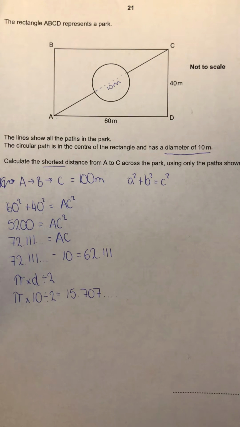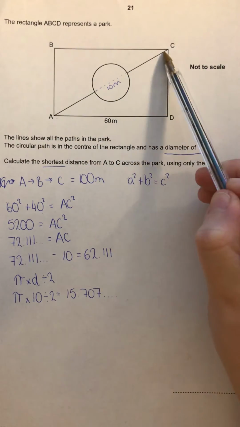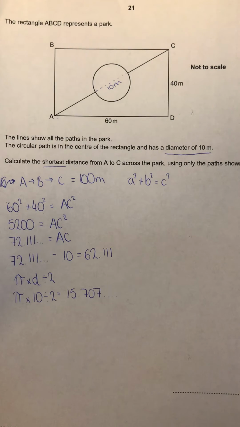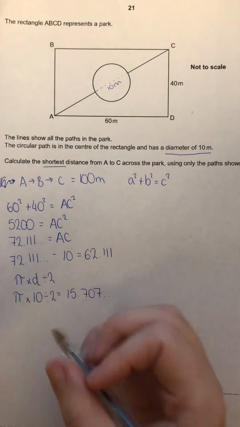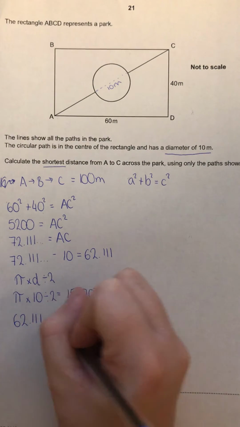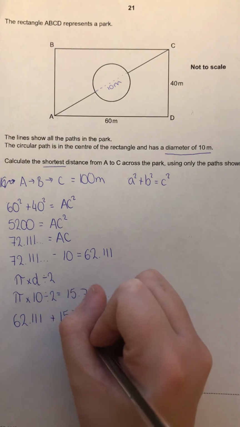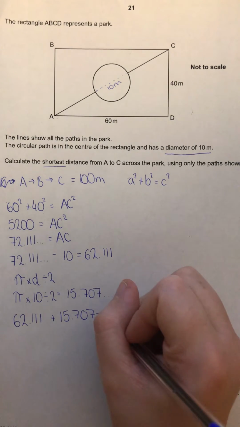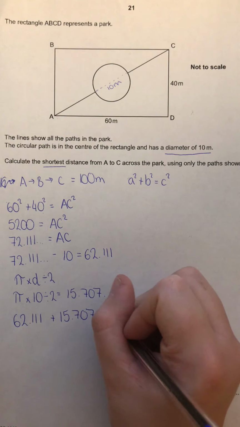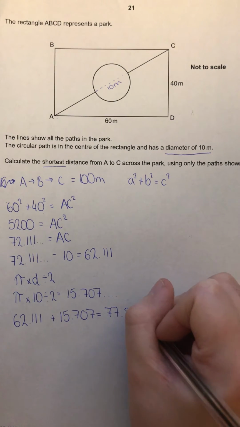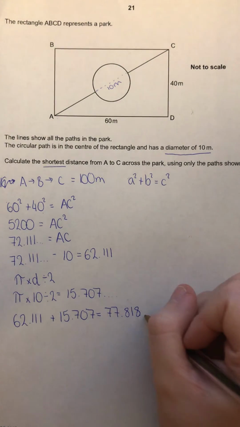Now all we have to do to finish off is, I know how long this is, and I now know how long this is, so we've just got to add it together. So if we add these together, say 62.111, add 15.707, we end up with a total of 77.818, and so on.